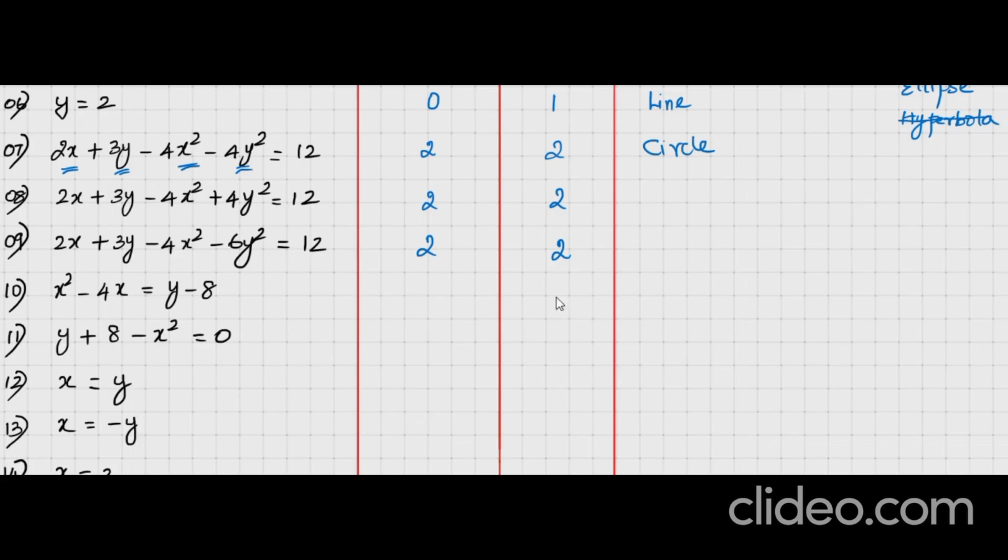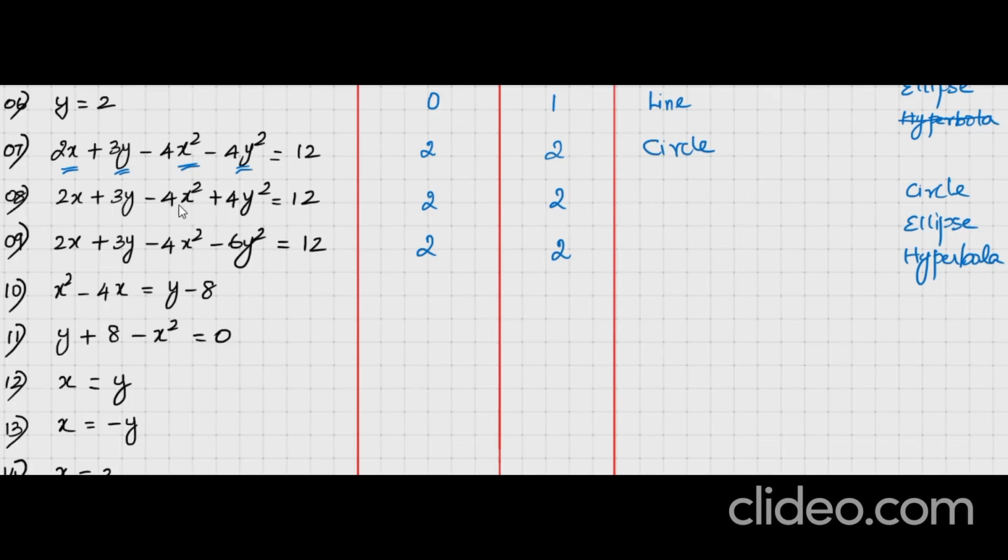See here, again I am just writing, I want to be more precise in this. If the degrees of x and y were equal to 2, there are three choices. The first thing, we have to check the sign, that is plus or minus.